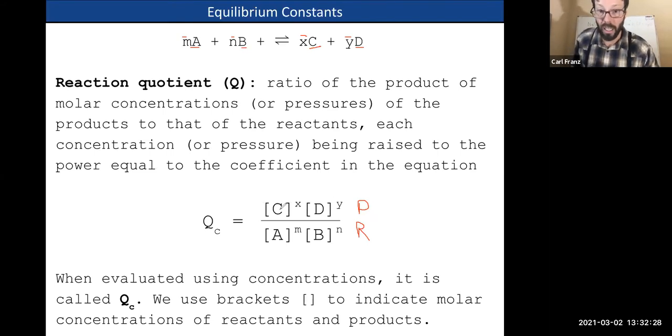So C raised to the power of its coefficient, X, times the concentration of D raised to its coefficient, Y, all over the reactants, A to the M, B to the N, okay? And the brackets, again, are used to depict that they're concentrations. So this is the generic form that we use to write equilibrium expressions.